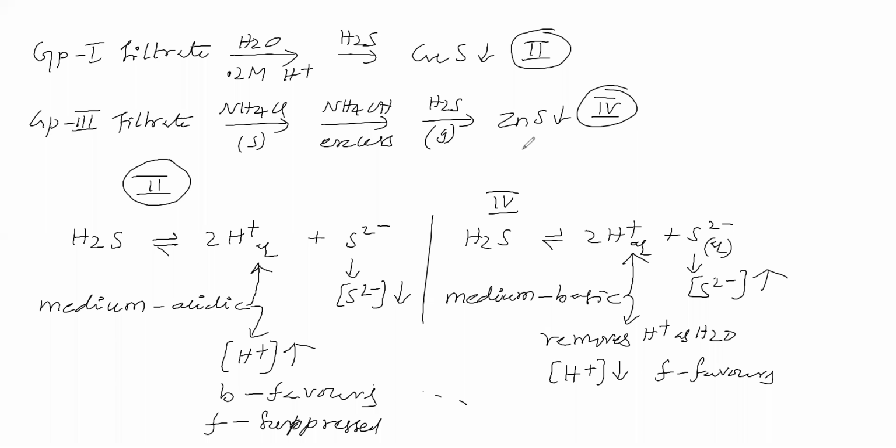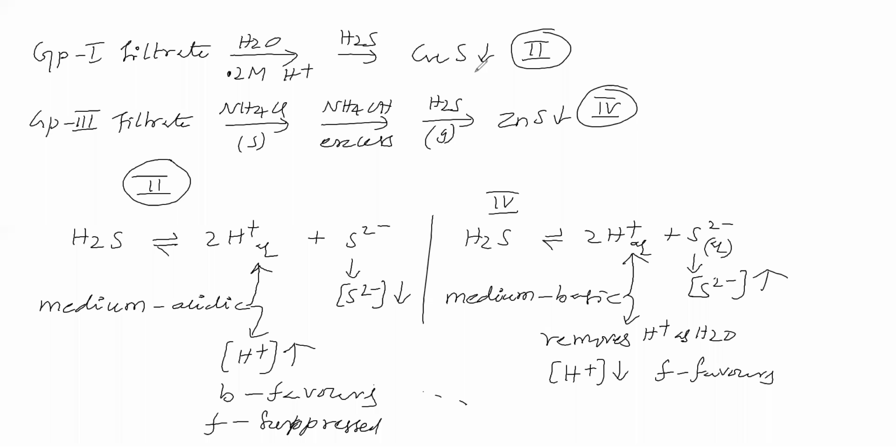Now, can group 4 cations precipitate while we are doing group 2 analysis? Yes or no?